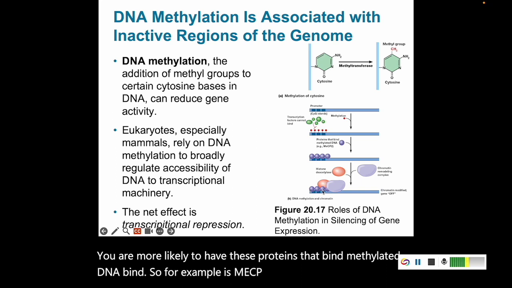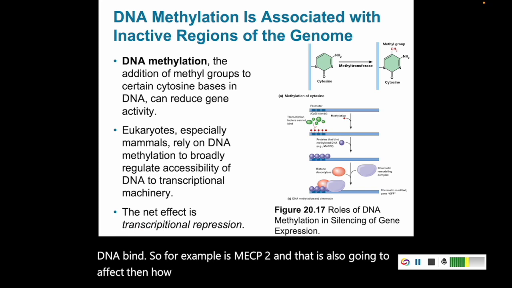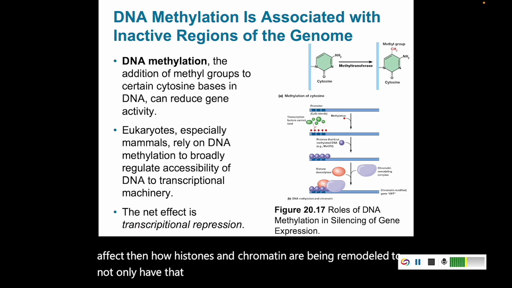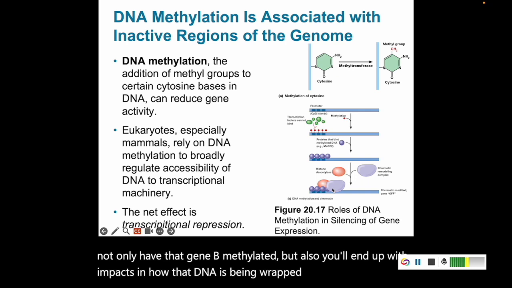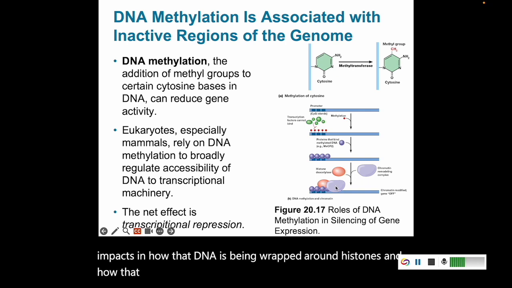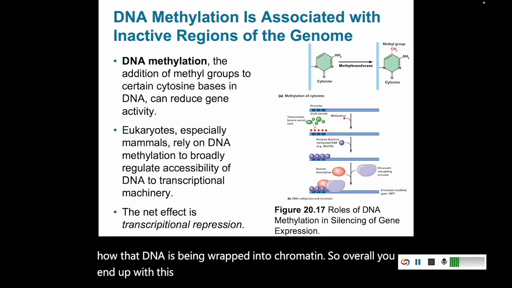And that is also going to affect how histones and chromatin are being remodeled. So not only will that gene be methylated, but you'll also end up with impacts in how that DNA is being wrapped around histones and how it is being wrapped into chromatin. So overall, you end up with this net transcriptional repression.